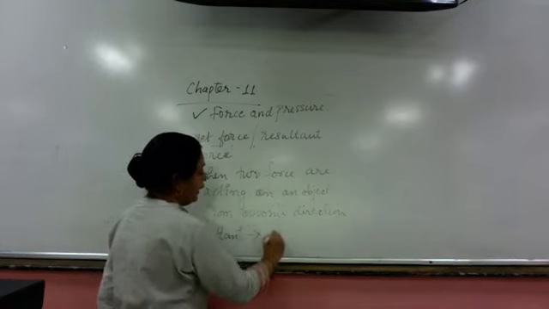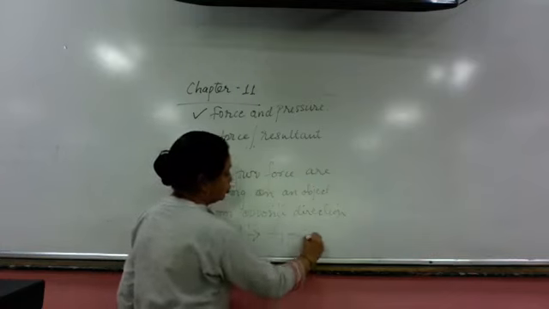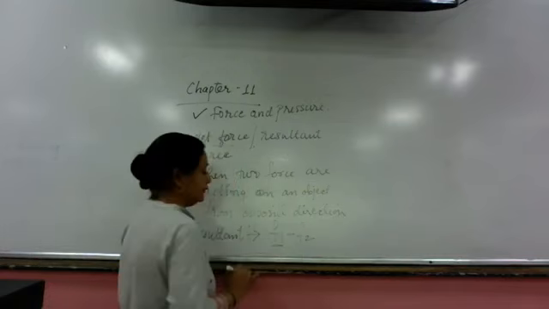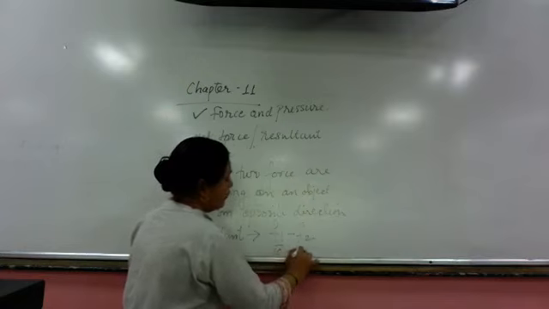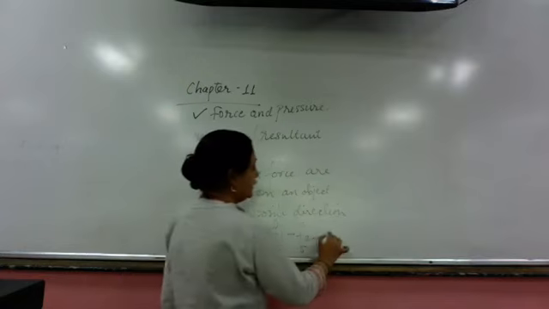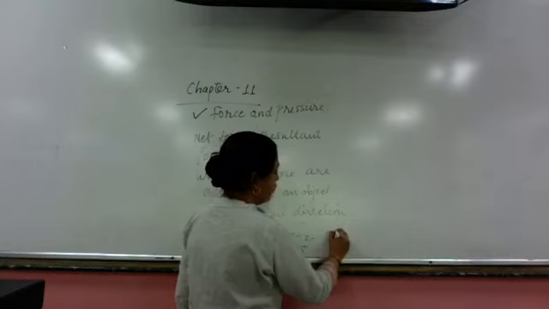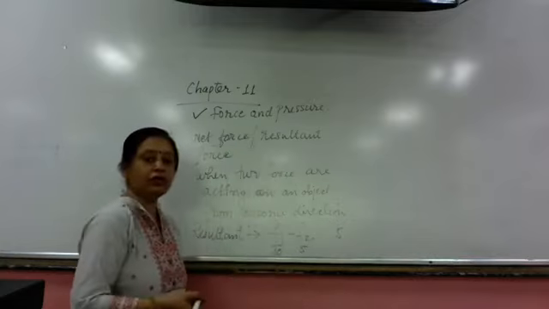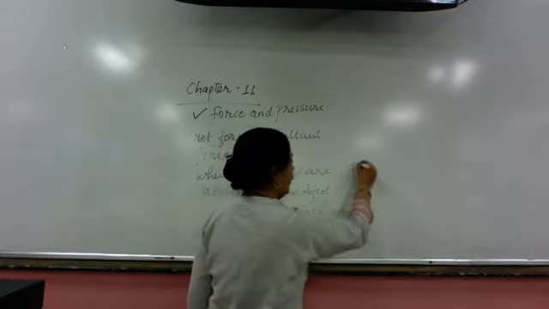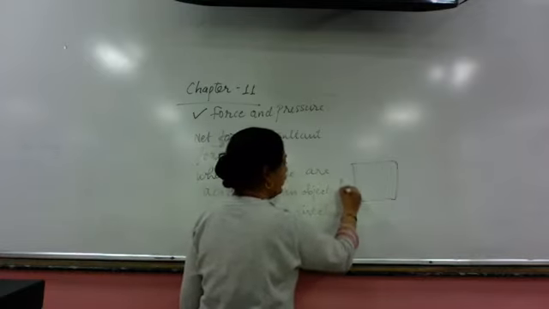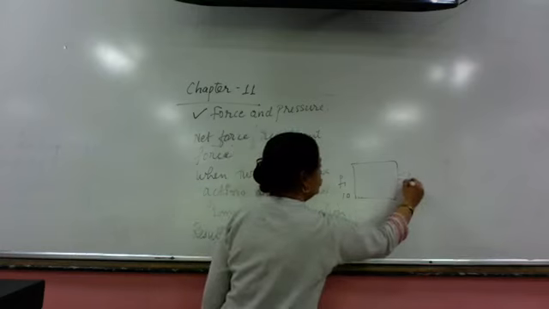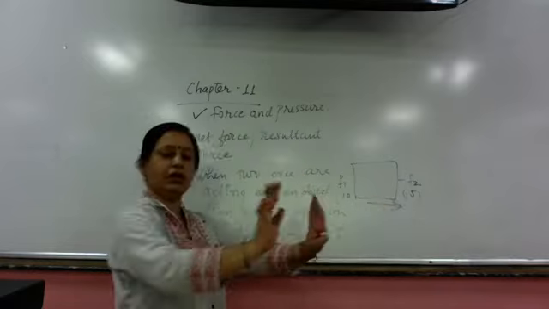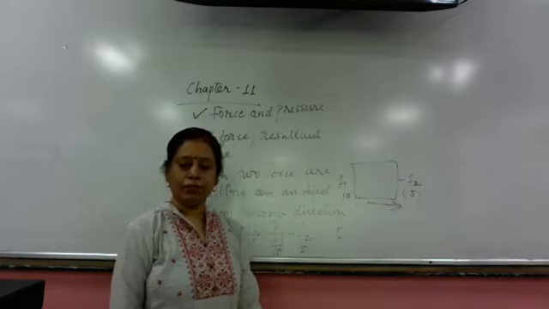The resultant force will be F1 minus F2. Suppose F1 is 10 and F2 is 5. The resultant force will be 5. And the direction of movement will be according to the greater force.